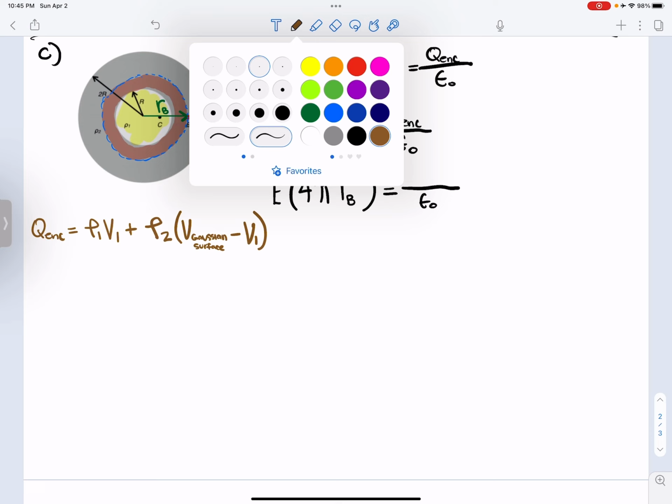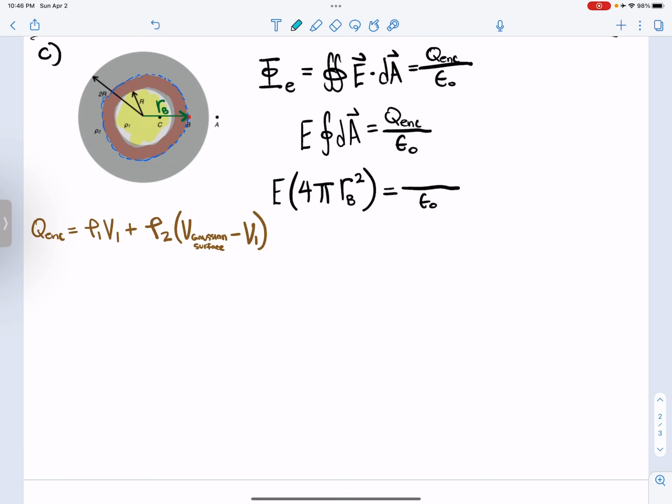And the reason for that, if it was not clear, is because charge density 2 is only for this volume, the outer layer right here, minus this guy, because this is not included, right?